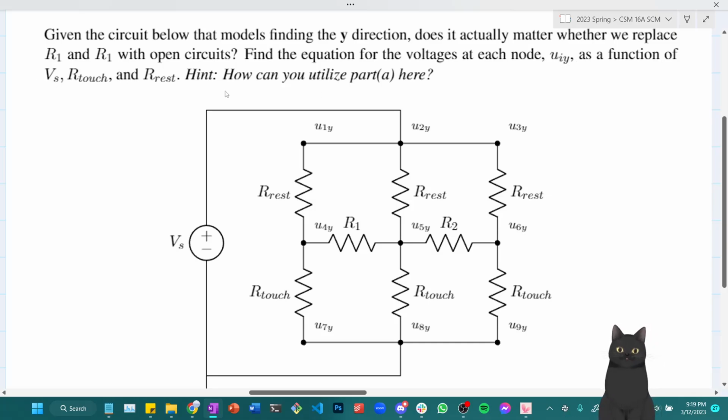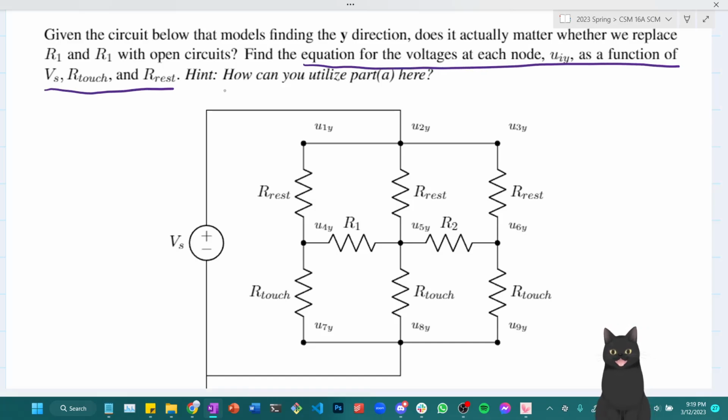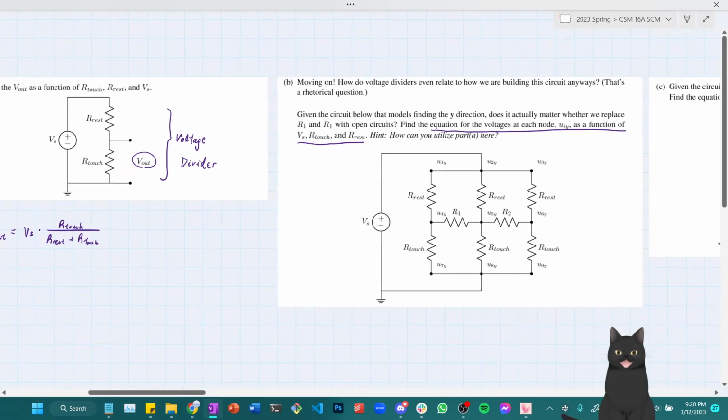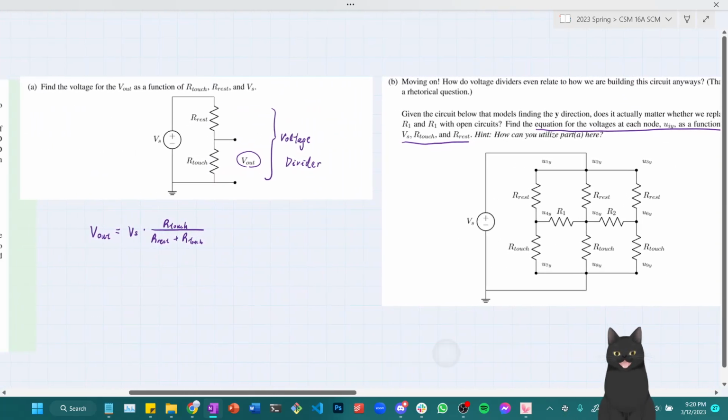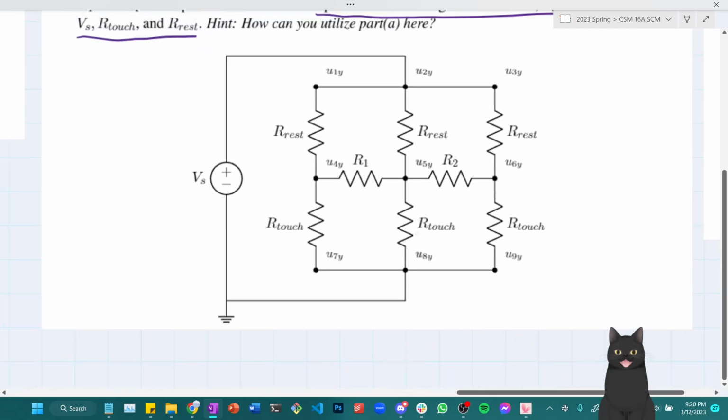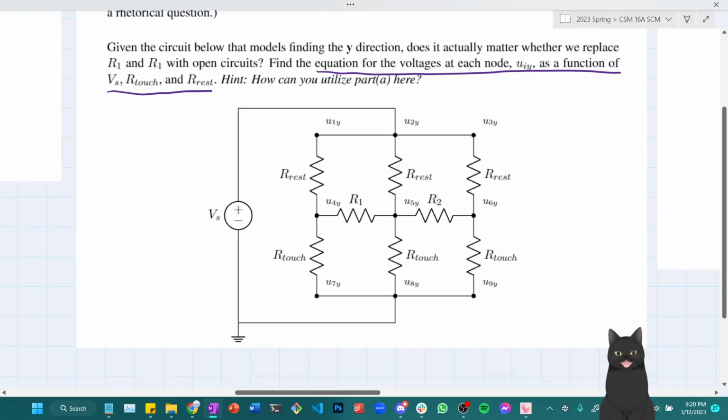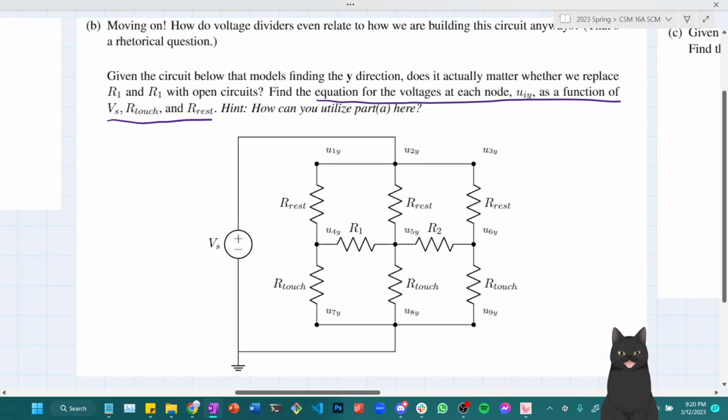When it says to model the voltage as a function of Vs, R touch, R rest, we might have gotten a hint about whether we want to use the voltage divider in here, but let's hold off from that general feeling until we actually get evidence for how to use that knowledge that we just got about the voltage divider.